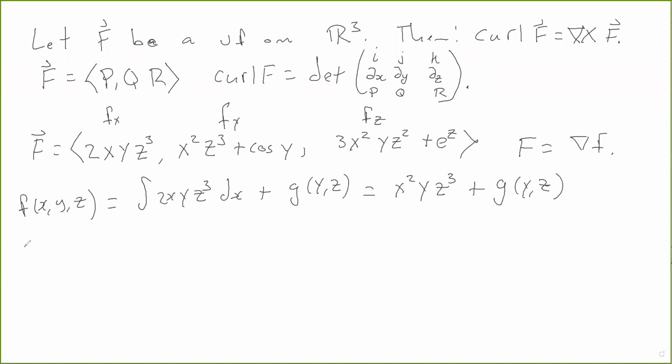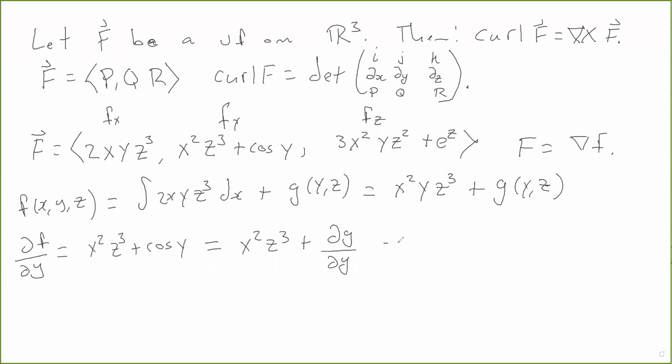Now the partial derivative of f with respect to y, we know from this that it's equal to x squared z cubed plus cosine y. But the partial derivative of this with respect to y is x squared z cubed plus the partial derivative of g with respect to y.